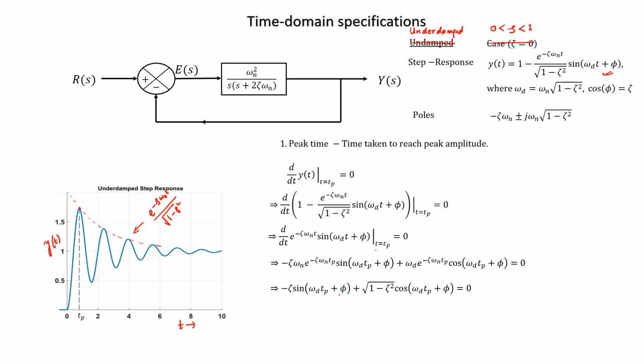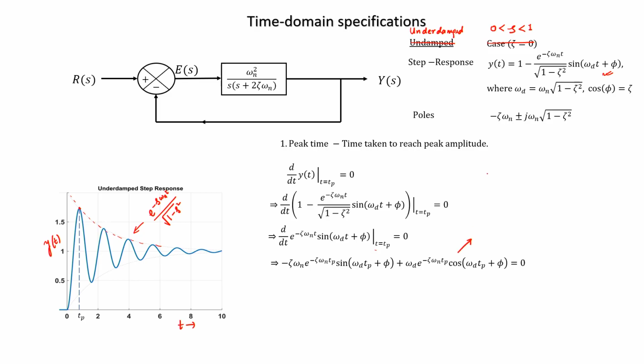Now if you simplify the expression here, omega n root over of 1 minus zeta square is omega d. Omega n is a positive number, so I can anyway remove that. Let me write it down again.